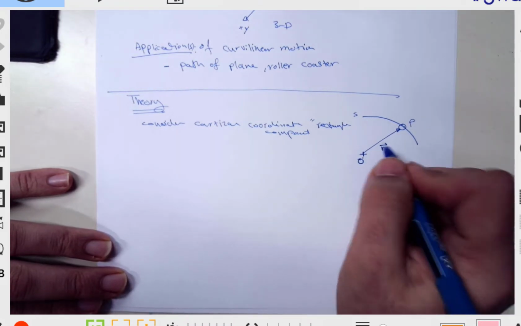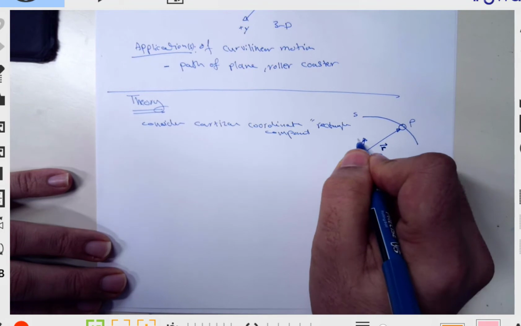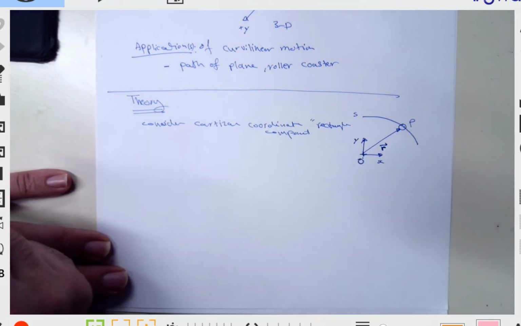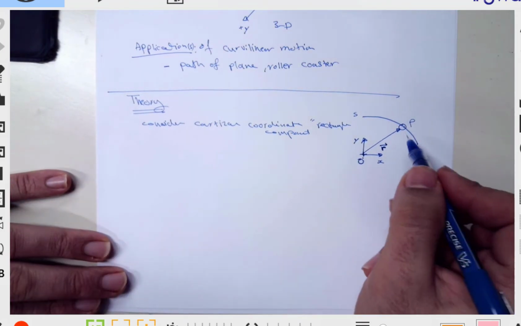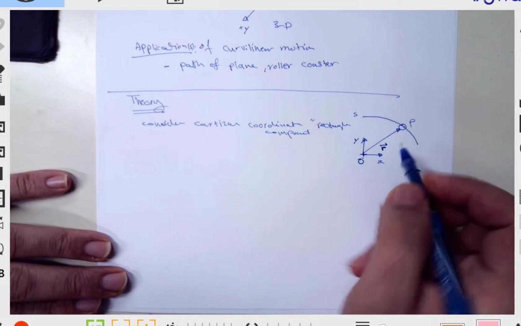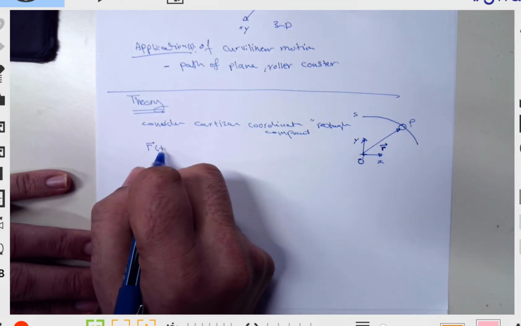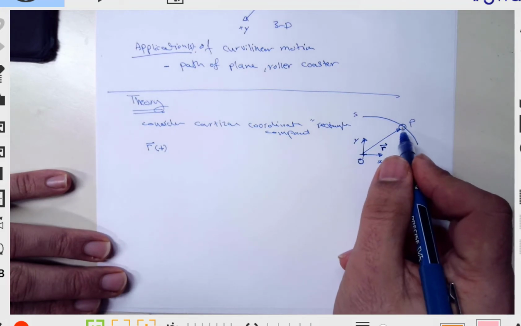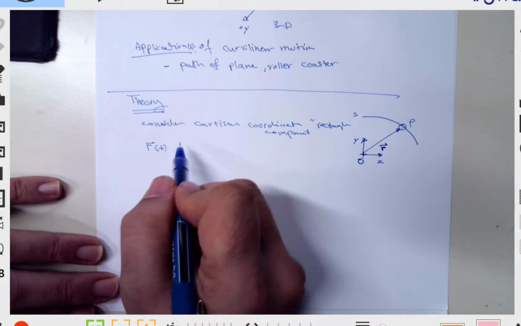Now this means that the location of this Cartesian y and x is originated at O and has unit vectors. Now how can we describe P with respect to O? We said it's r. So the r vector, which is a function of time because the particle position changes with time, is equal to what?